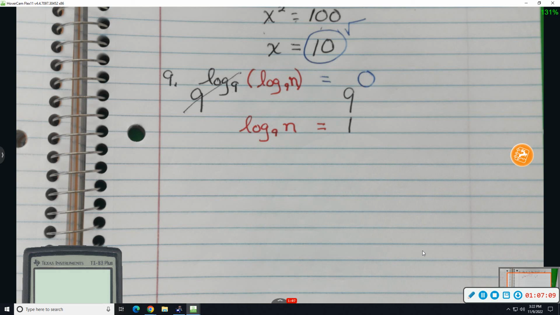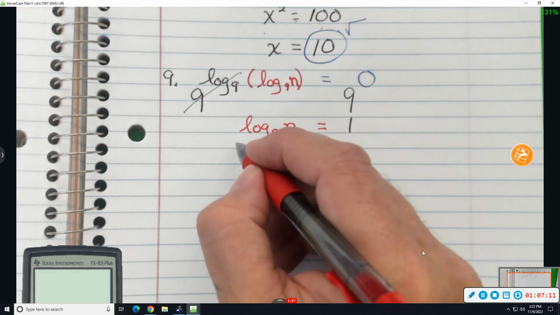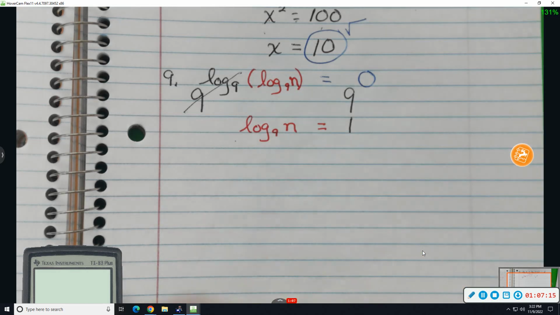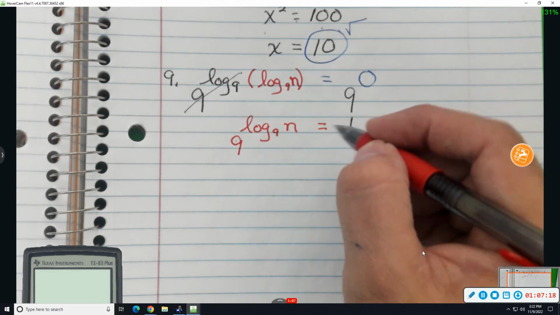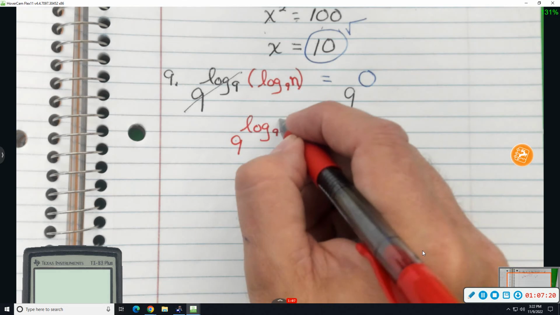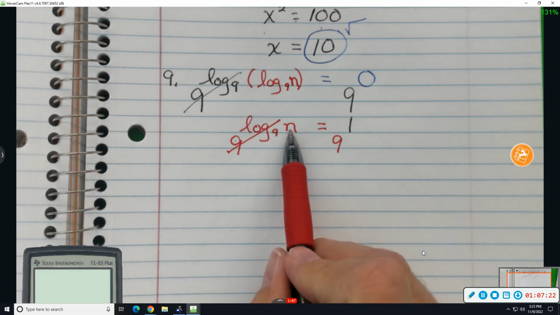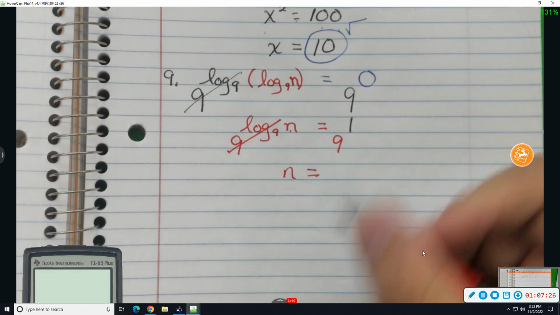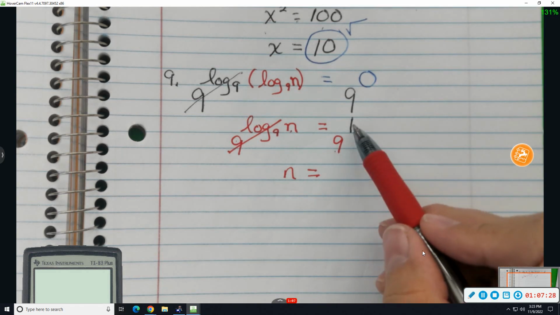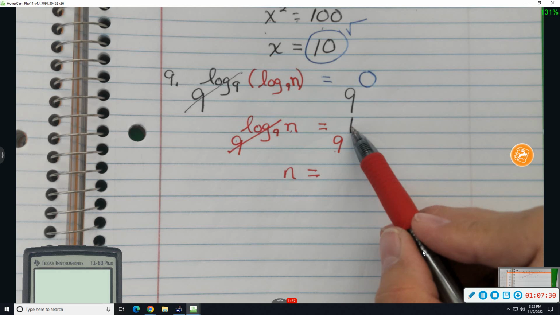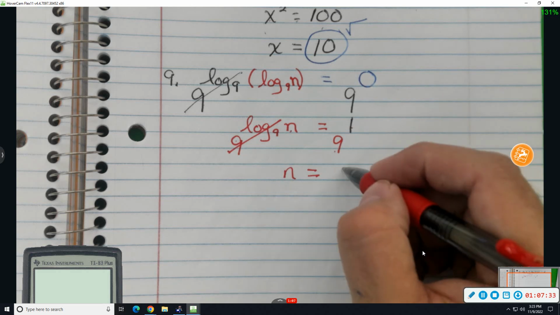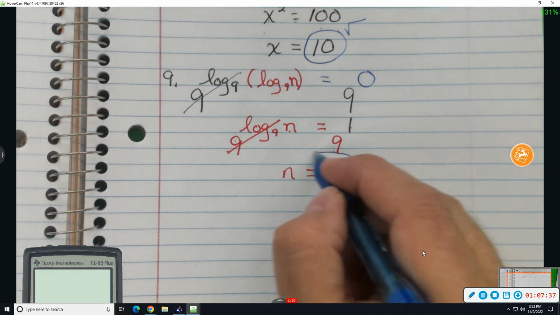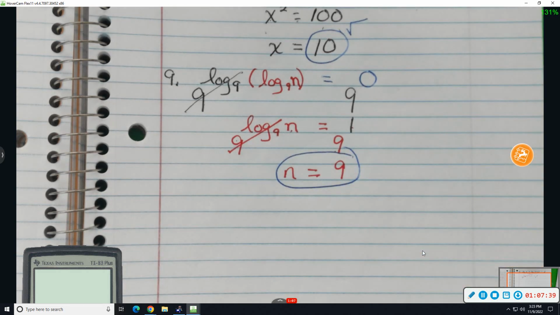So what number will I put right here that'll cancel out this red log base 9? Another 9. So all we're left with is the n equals 9 to the first power, which is just 9. So this answer here is 9.